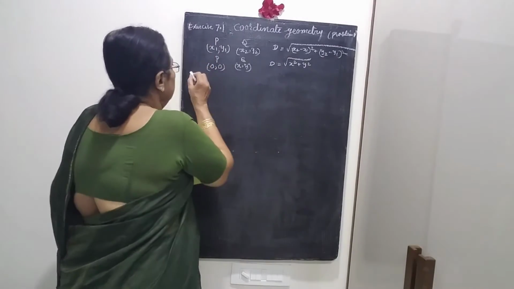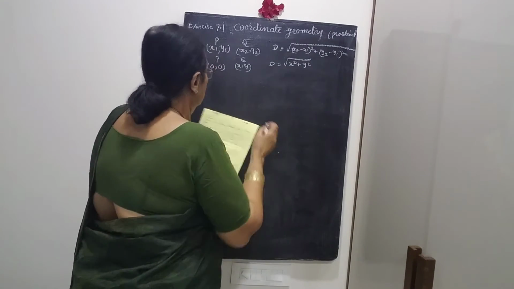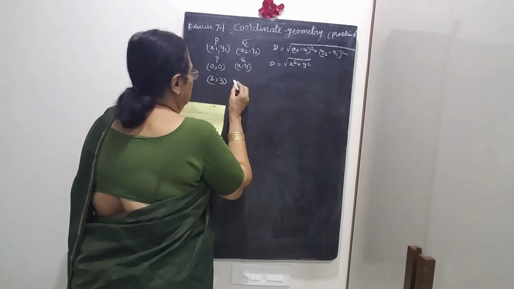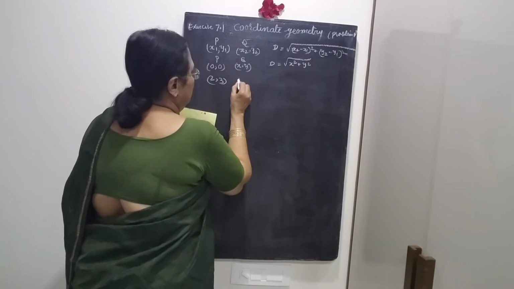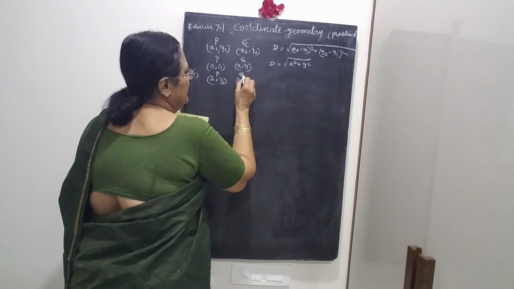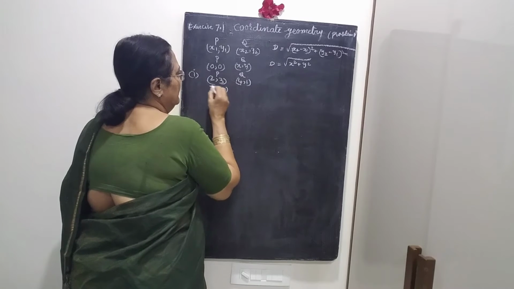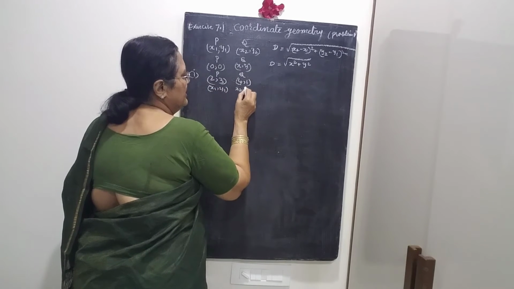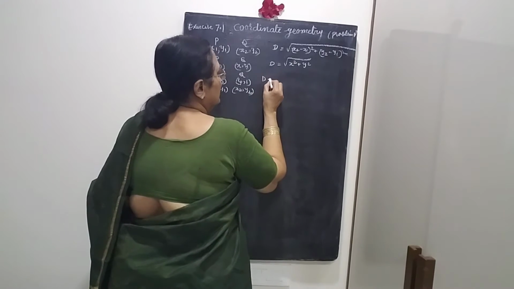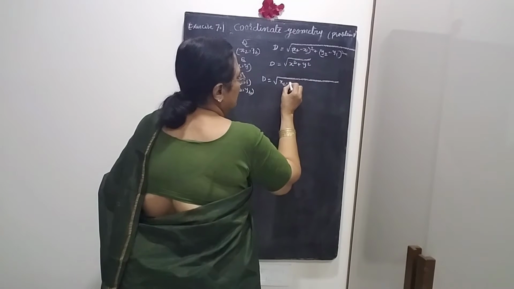So the first bit I am doing is the distance between (2, 3) and (4, 1). How to find out? This is P, this is Q. Let us take this as x1, y1 and this as x2, y2. Distance will be root of (x2 minus x1) whole square.